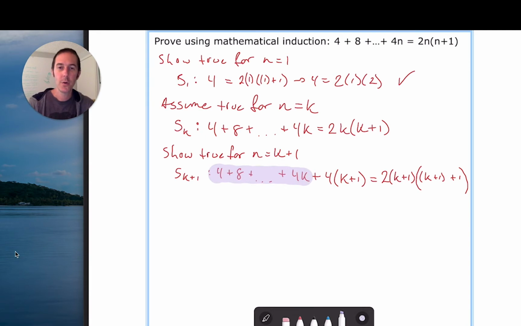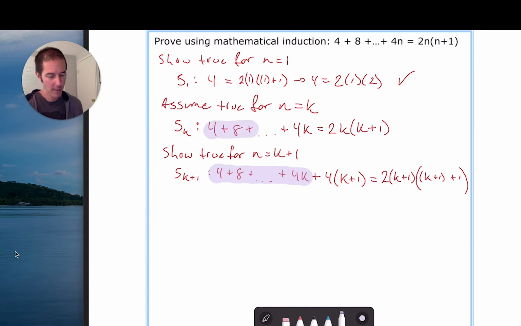Do those terms look familiar? Look up 2 lines. They should look very familiar. Identical. Those k terms. So what I'm going to do is swap these k terms out for something of equal value.